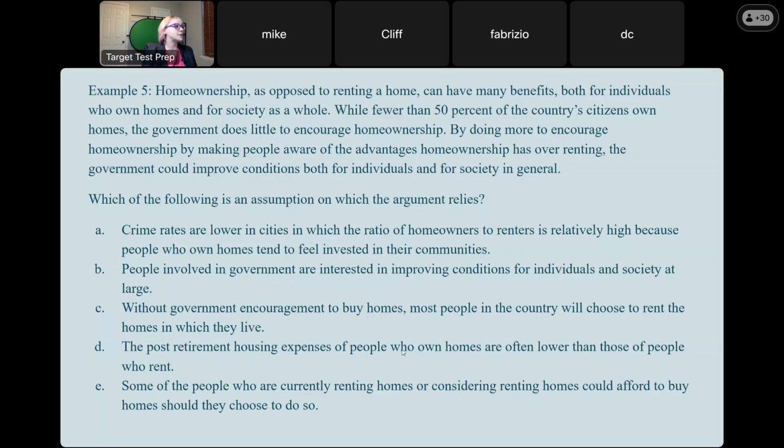C, without government encouragement to buy homes, most people in the country will choose to rent the homes in which they live. This one doesn't, yeah, if you negate it, it would not change anything. And exactly, Cliff.